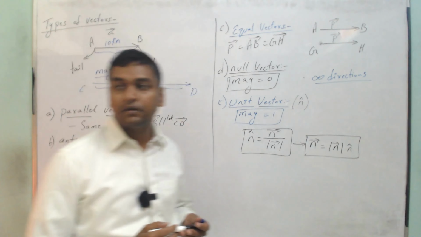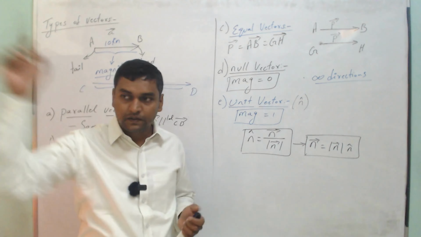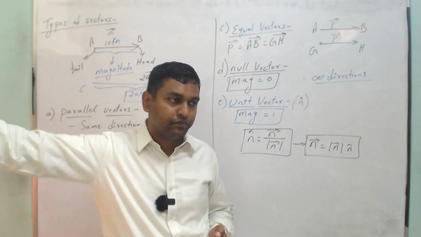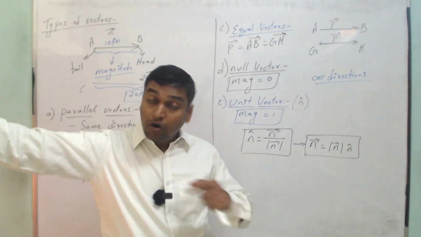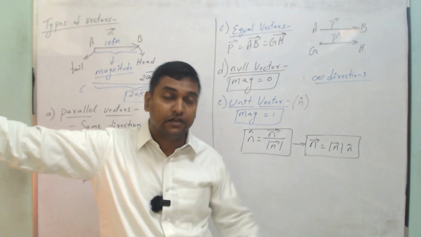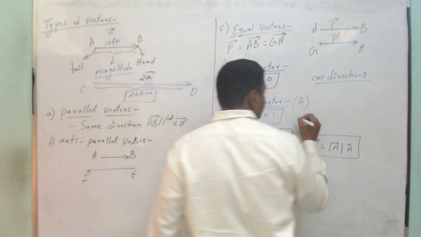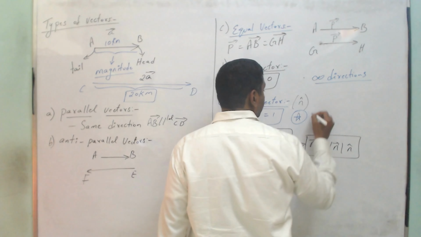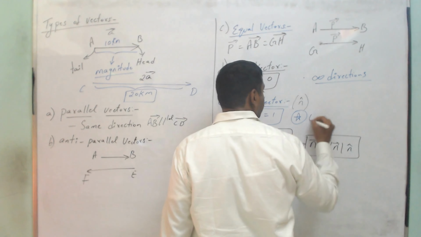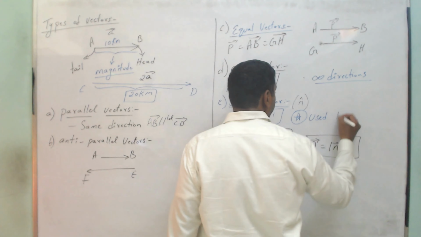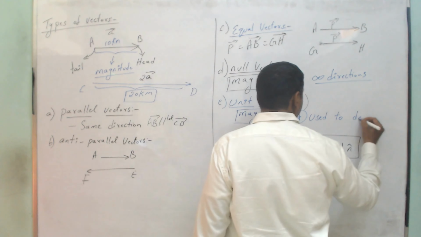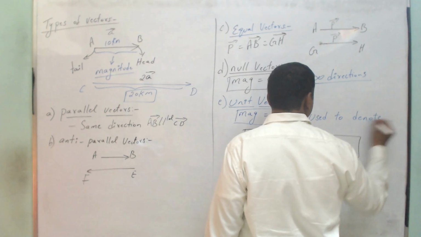Okay? And one more very important point over here. What is a unit vector mostly used for? A unit vector is mostly used to denote the direction.